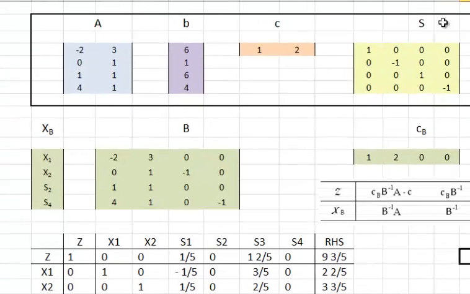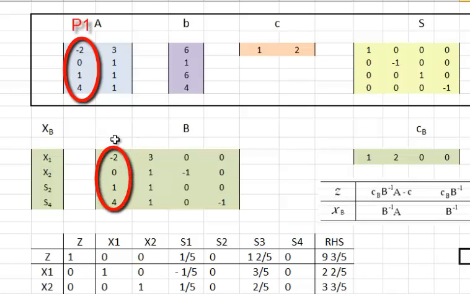Now we are going to create our xb, and as we talked about it, x1, x2, s2, and s4 are our basic variables. I will form the matrix B from this. Each one of these is related to the variables in here. This column is associated with x1. This column is column P1 associated with x1.